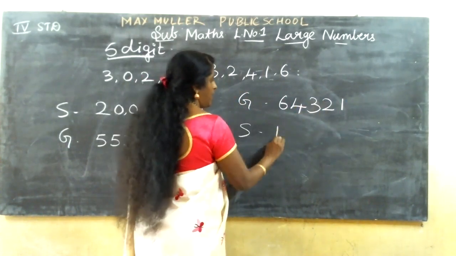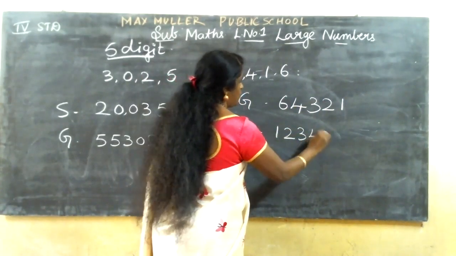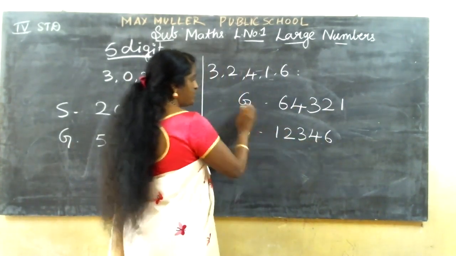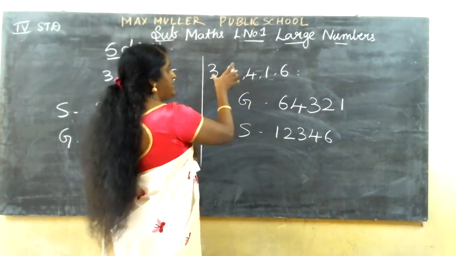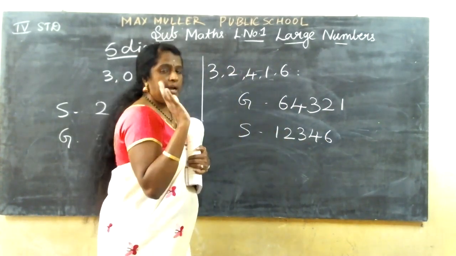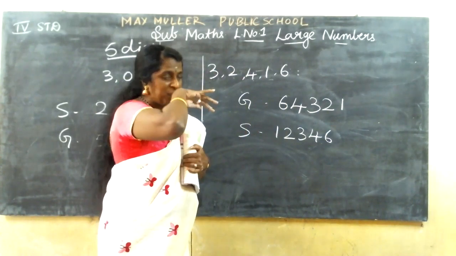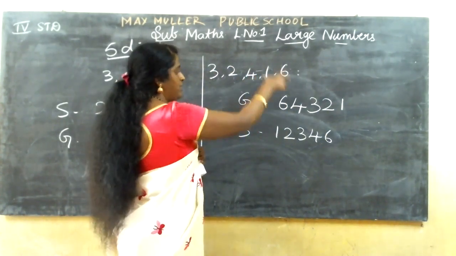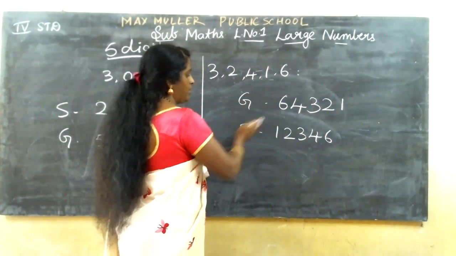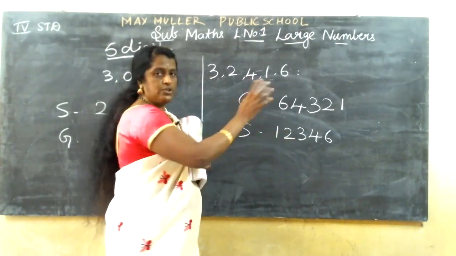Smallest means 1, 2, 3, 4, 6. This is the smallest. In this only you should arrange. I did not say how many digits, so what numbers we have given, you should arrange. Greatest number means big to small. Smallest means small to big. You should arrange like this.